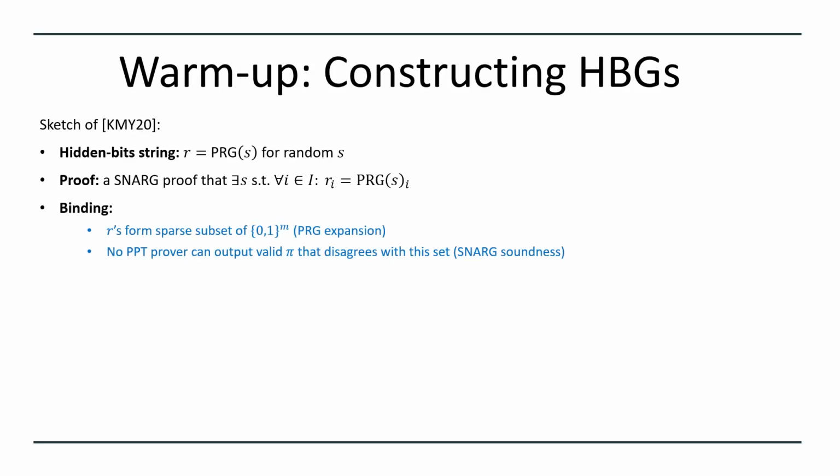To quickly see binding, we get the sparsity property by PRG expansion, and we get the validity check by the SNARG soundness.